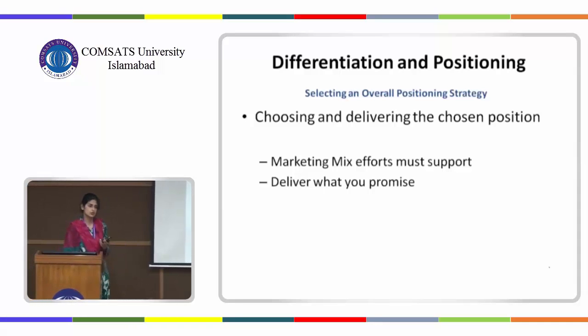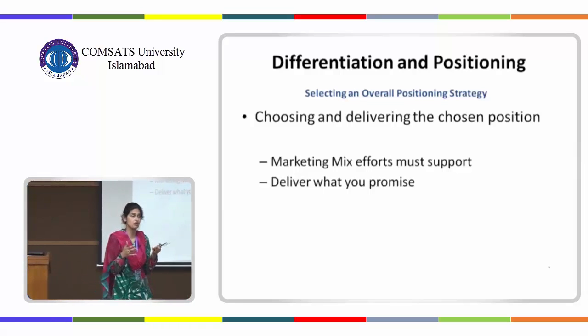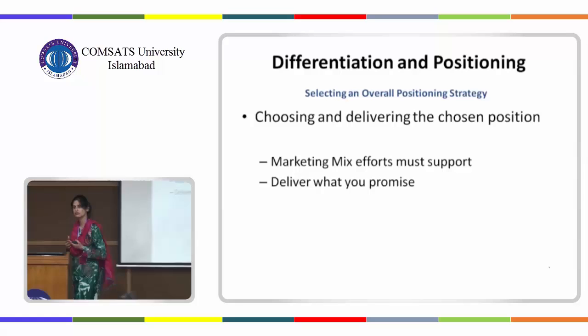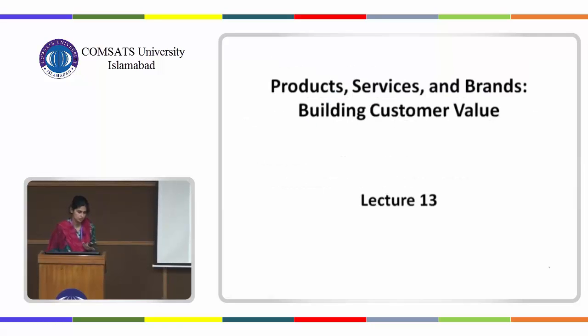And you need to deliver what you promise. If you under-deliver what you promise, it would lead to probably post-purchase dissonance, right? So it would lead to post-purchase behavior, or that's called the remorse of the consumer, right? The consumer would think that he has been lied to, right? So that is something that you don't want.